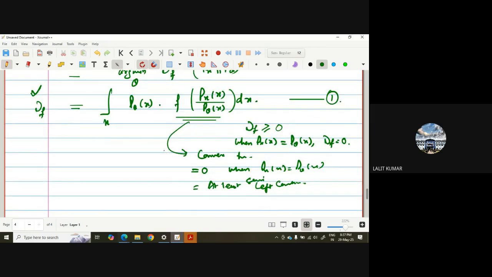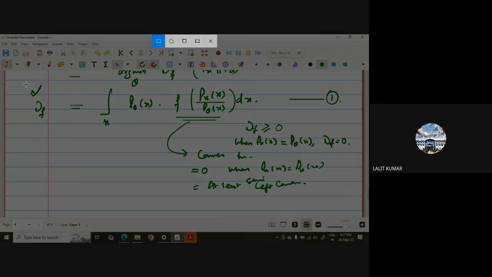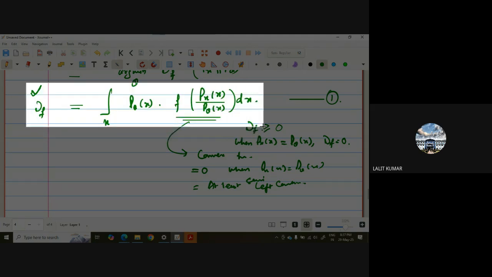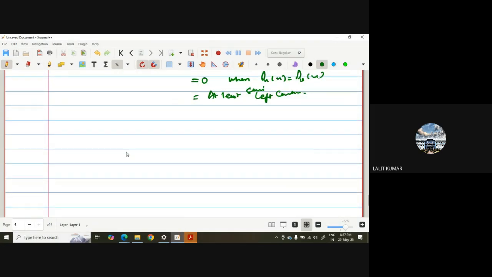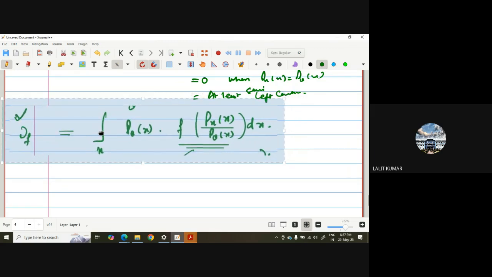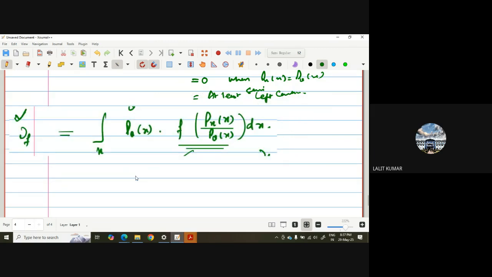Now to solve this part, we took help from statistics. Statistics says that without knowing the distribution, if we know only the samples from the two distributions, then we can work with them.